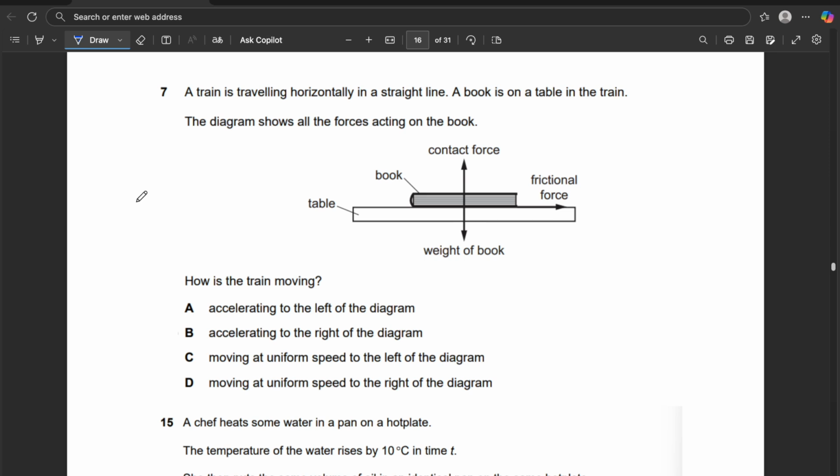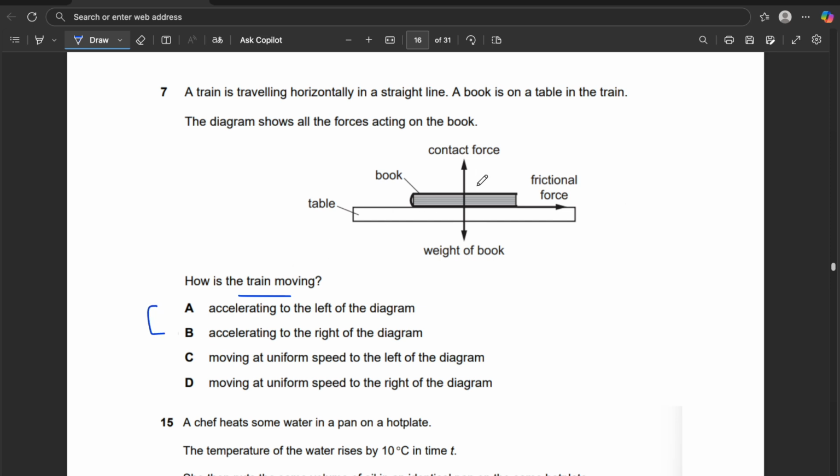So firstly, we need to understand that the direction of movement of the train and the movement of the book will be the same. And you can see that these three forces are not balanced, so they will have a resultant force, which means that it cannot be at uniform speed, so it's either A or B, right?